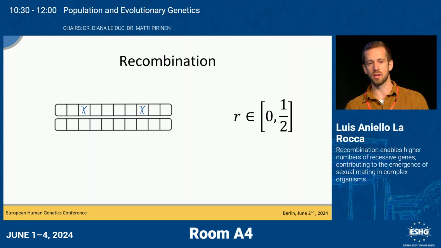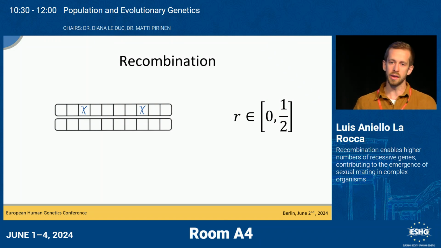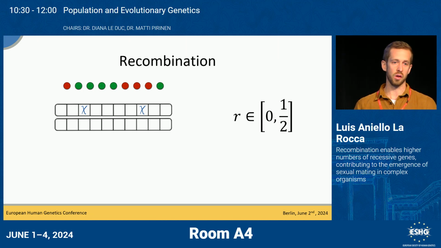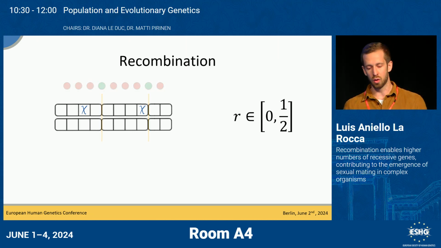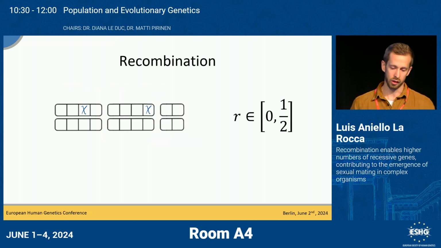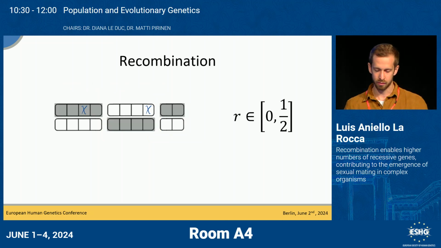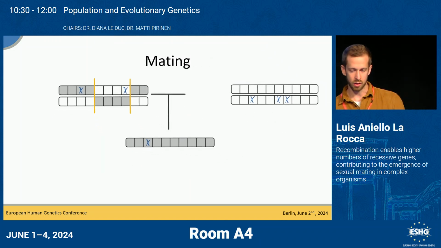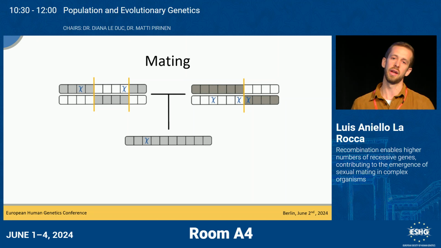There, at each site, we choose uniformly and independently, with equal probability R, whether there is a recombination site or not. If so, we form the gamete accordingly. And obviously, we do this with both parents to again get a diploid individual.